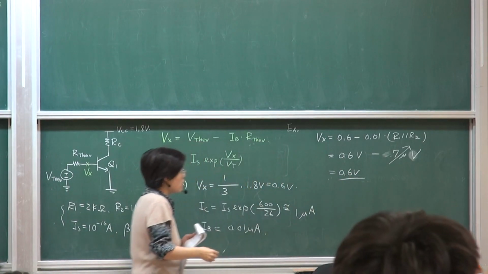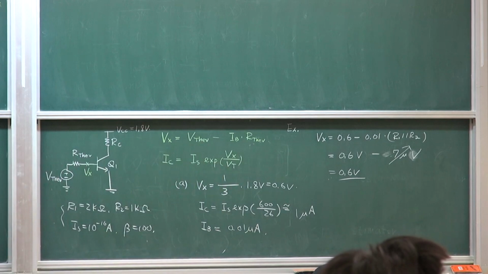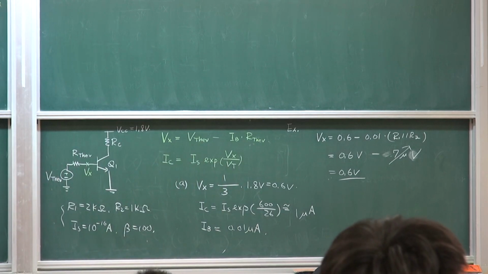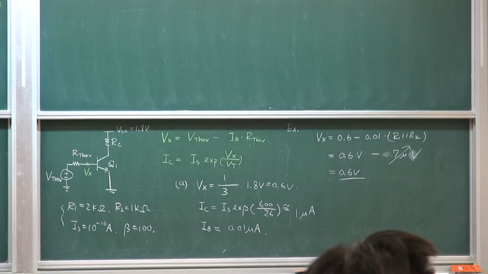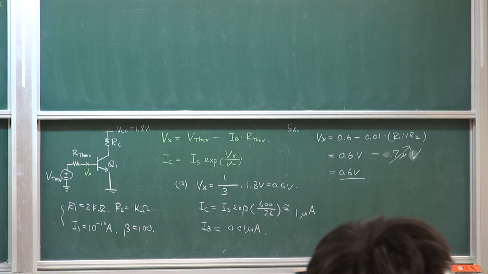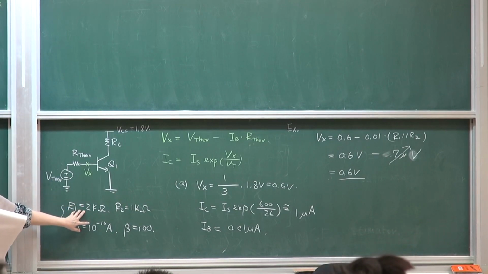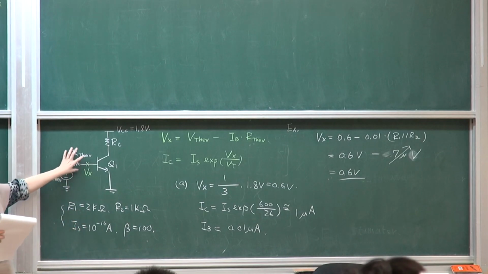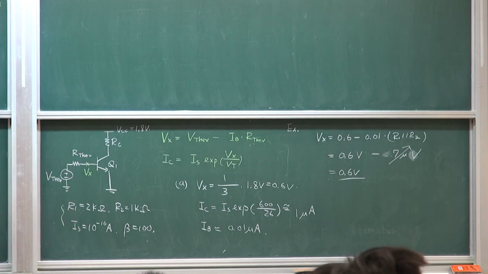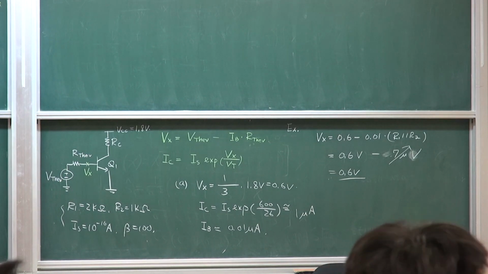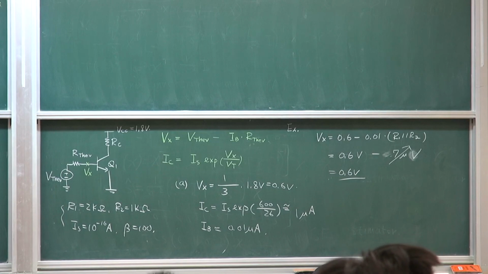This exercise is simply to tell you that if you're not biasing your circuit with an extremely large current, or you're not using very, very high resistance, for example mega-ohm resistance, then typically you can ignore this base current effect, because base current is much, much lower. Okay? You good?